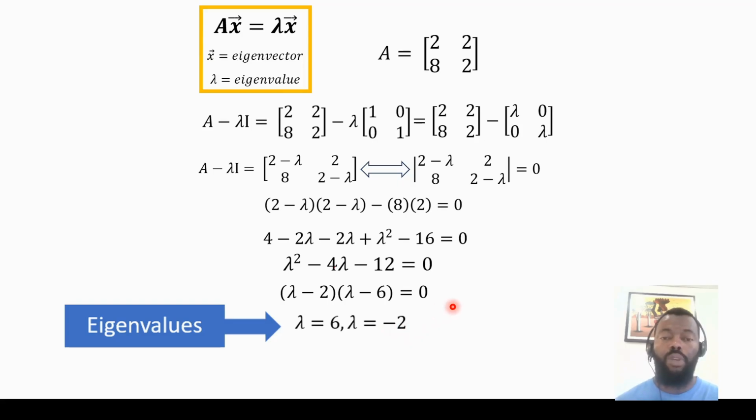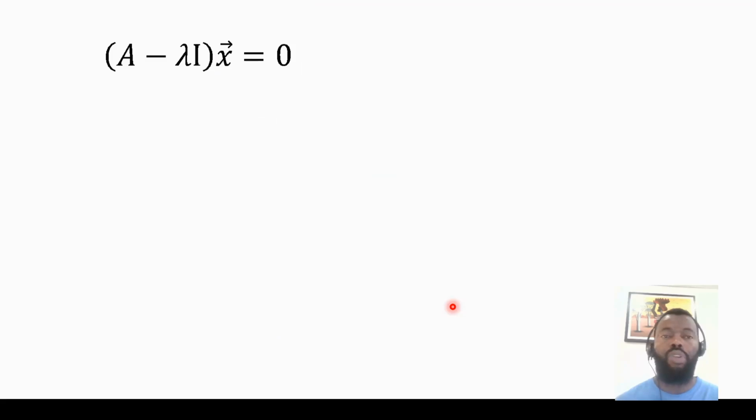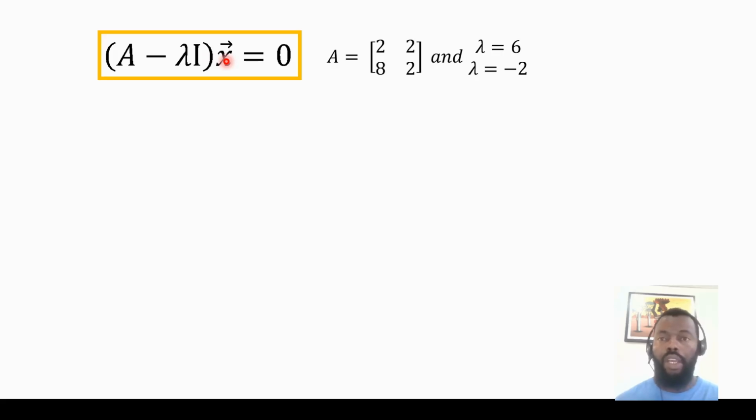So now we can get the eigenvectors. To get eigenvectors, we have this formula. So we will have eigenvectors for each of the lambdas. So for 6, we will plug in here 6 times the identity matrix. So we will have this. We have a matrix and we have lambda 1, lambda 2, so 6 and negative 2.